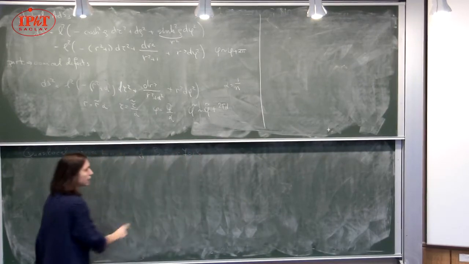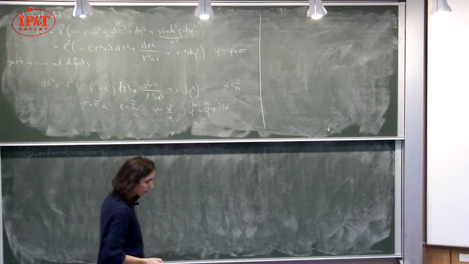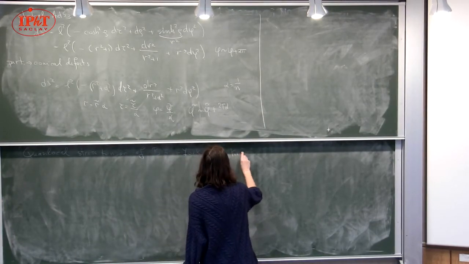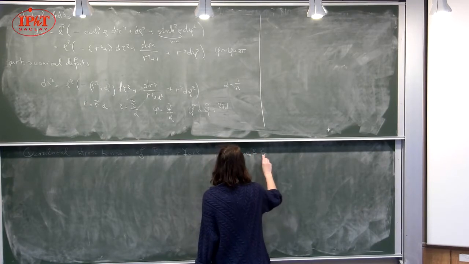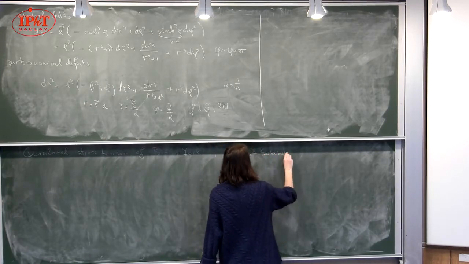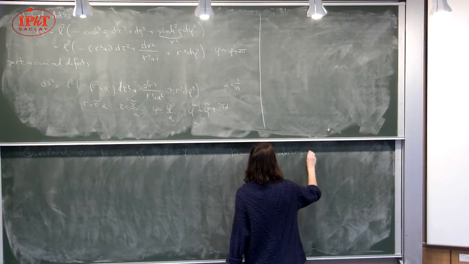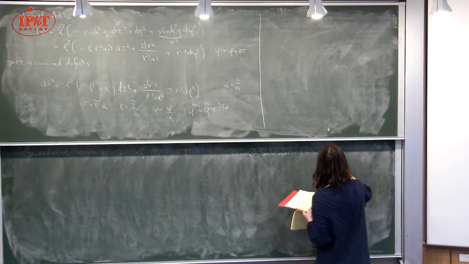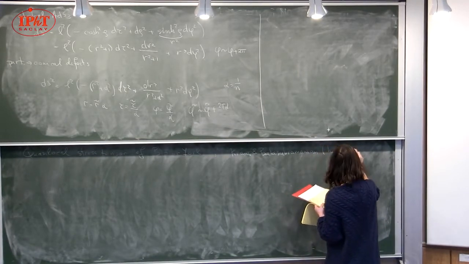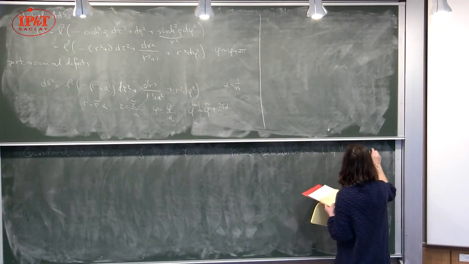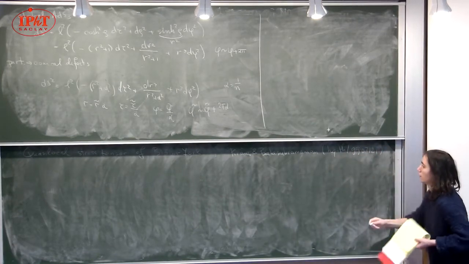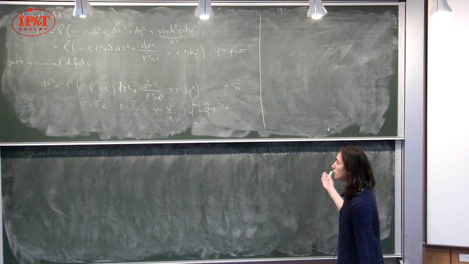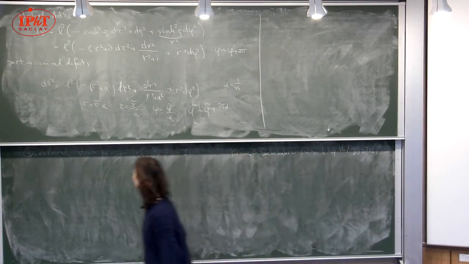I think this is early 90s, and it was very nicely adapted to holography by Balasubramanian and Kraus. I can even give you the reference: hep-th/9902121. So in the context of holography, I can tell you what the idea is here.